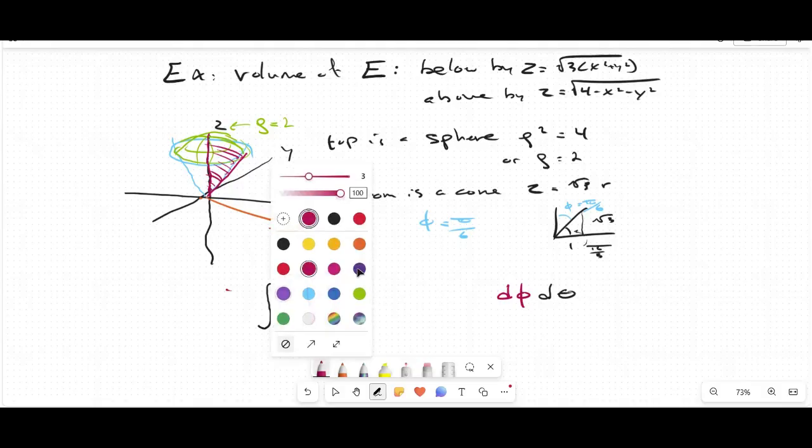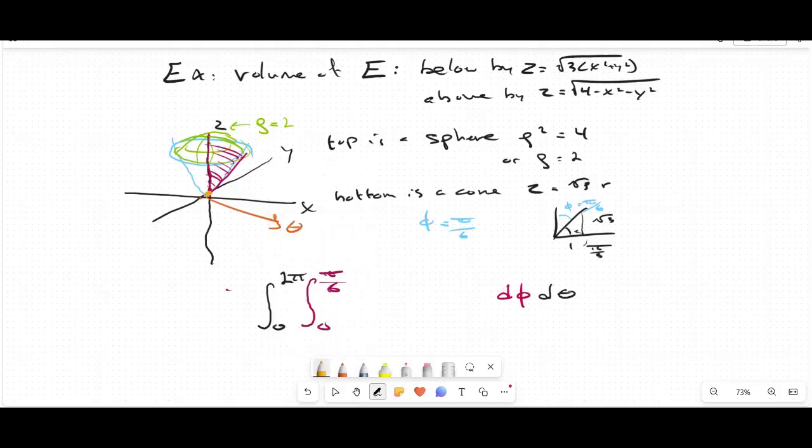Now, for any one theta and any one phi, I want rho to go from 0 all the way to, not 3, sorry, rho equals 2. So we'll have rho go from 0 to 2.